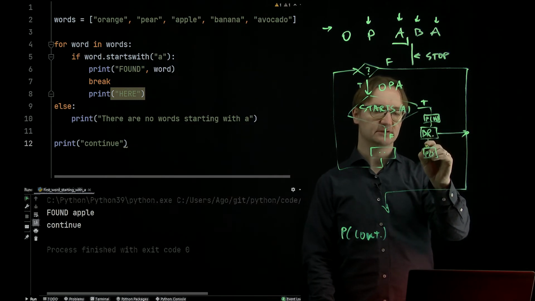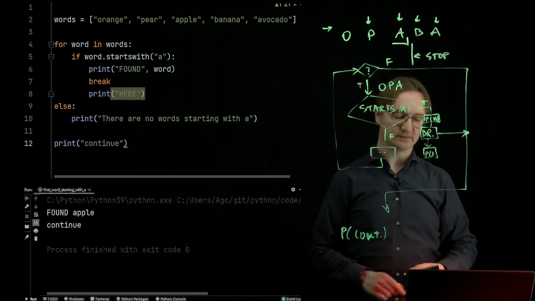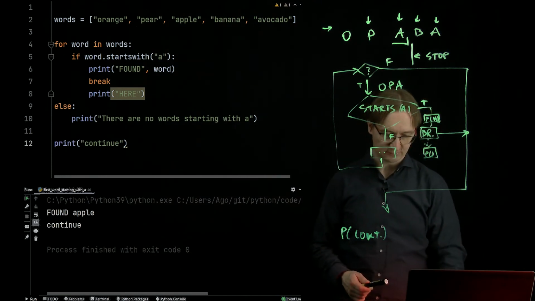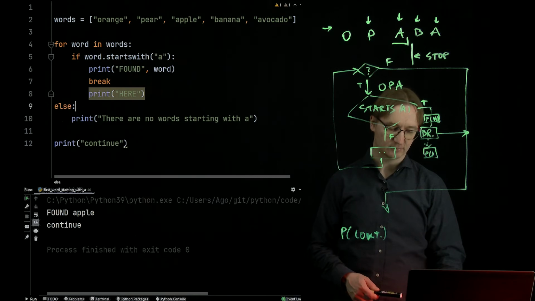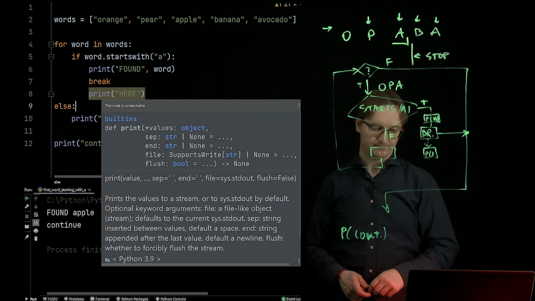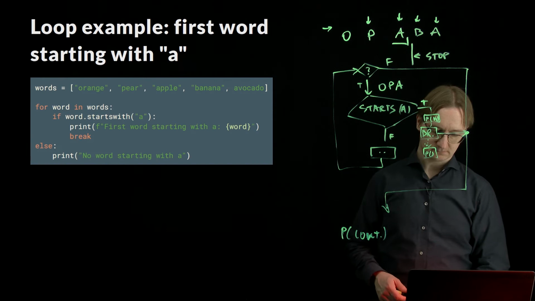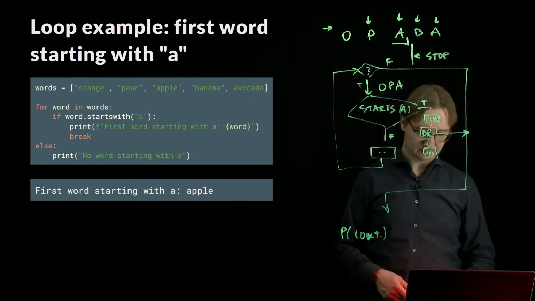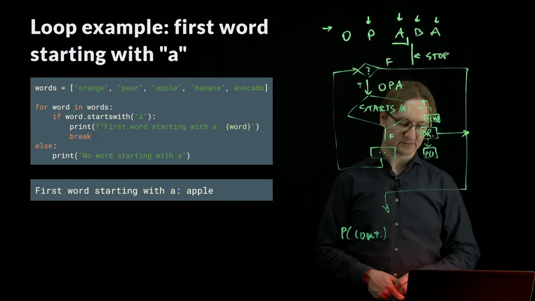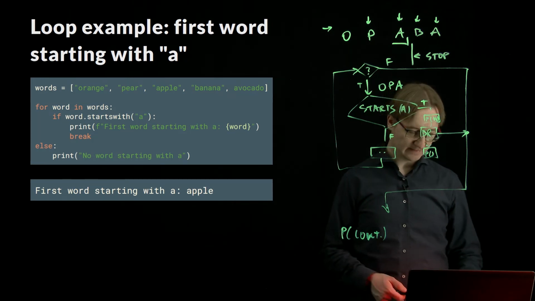So there's basically no way to get here. And actually, PyCharm also knows that if I go here, it says that the code is unreachable. So, and if I see, the first word starting with A is apple.